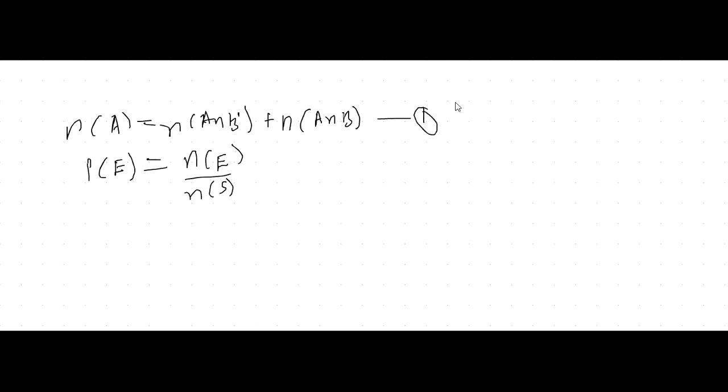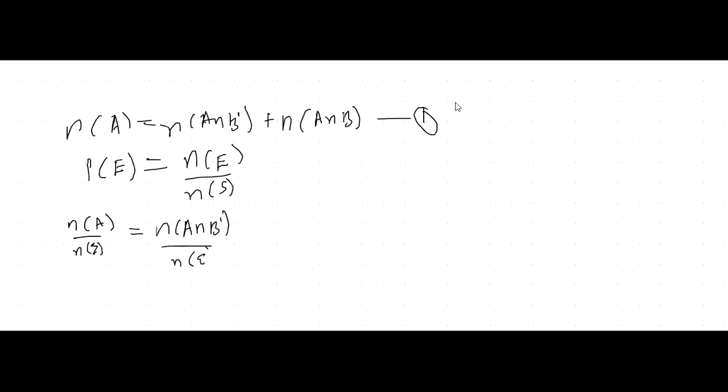So we're going to have number of A divided by number of the universal. This is equal to number of A intersection B complement divided by number of the universal.